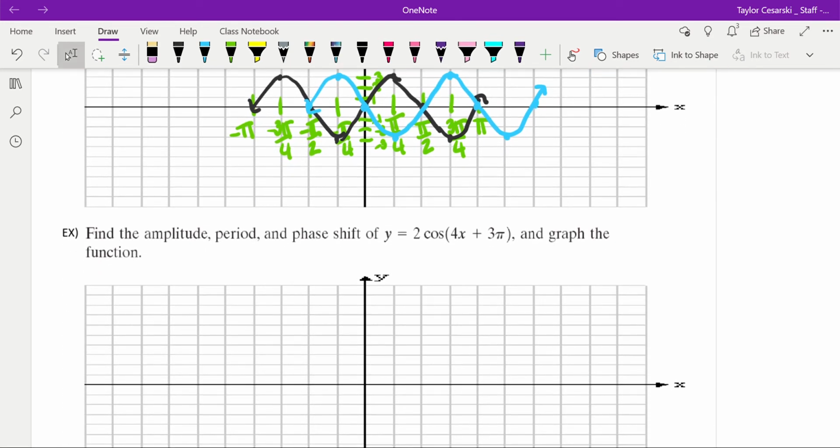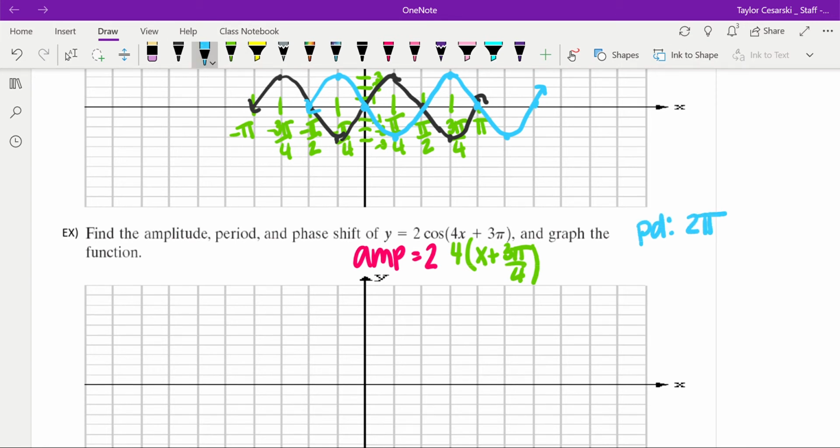Alright, for this next one, I'm not going to graph it, but I am going to find the amplitude, period, and phase shift. The amplitude for this one should be 2, because that's my number in front. For the period, I'm going to factor out that 4, so x plus 3 pi over 4. My period, remember, I have to take 2 pi over that number in front, which is 4.